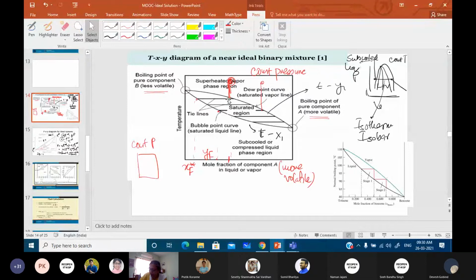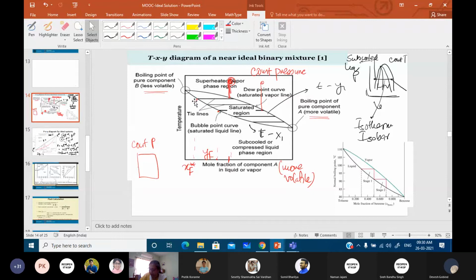Well, now coming back, we find that the moment the superheated vapor strikes the saturated vapor region, the first drop of liquid occurs, and the composition of the drop can be obtained by simply constructing a horizontal line from the saturated curve.